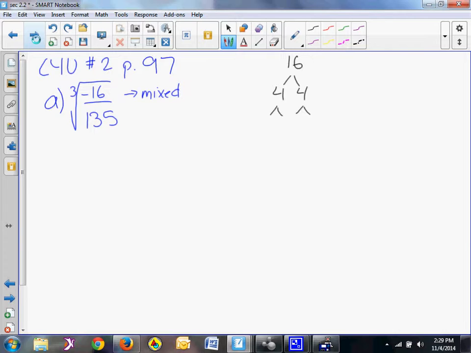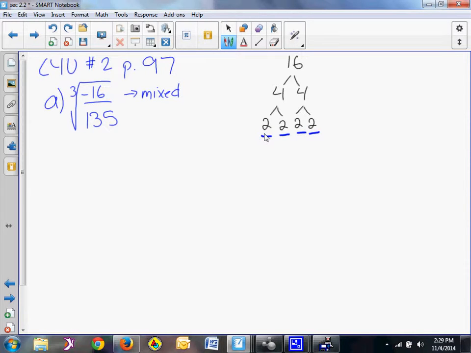If you're not sure what prime numbers are, I can go over that with you. So again, 4 is not a prime number. So I want two numbers that multiply together to give me 4, which is 2 and 2, and similar for the other 4. So 16 can be written as 2 times 2 times 2 times 2.